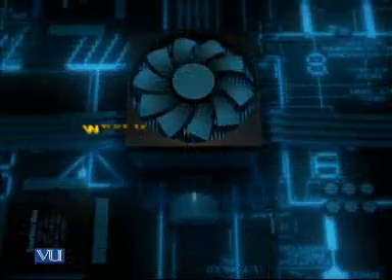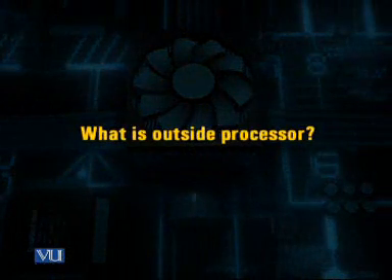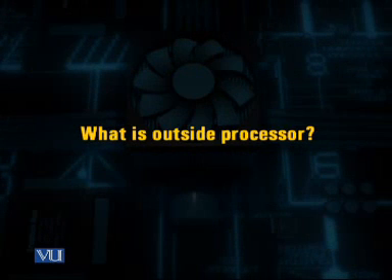You can well imagine what will be the performance of such a car with a very high power engine. So therefore, today we will focus our discussion on what is outside the processor and how the outside systems influence the overall performance of the processor as well as the overall computing system.